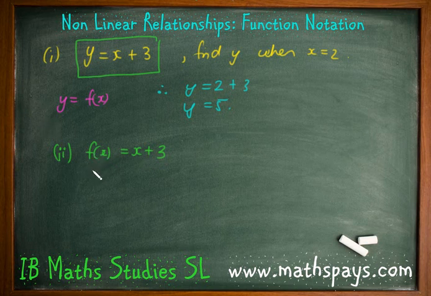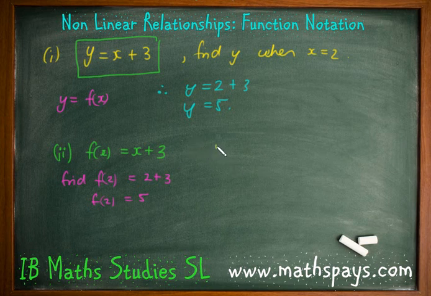But what will be asked, instead of "find y when x equals 2", they say find f of 2. That simply means wherever the x is in my function, I'm going to put a 2. So 2 plus 3, therefore f of 2 is equal to 5. It's not very challenging, and it's not that different, but it is different.